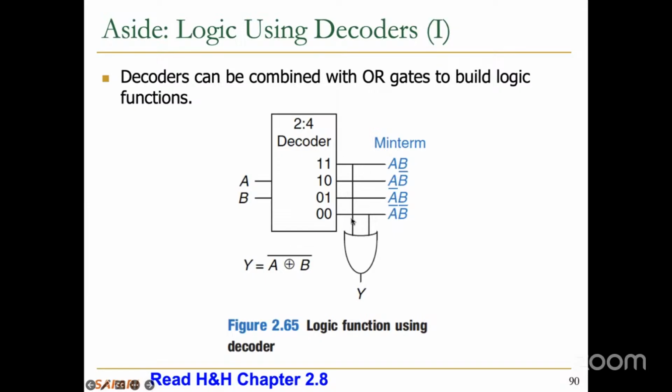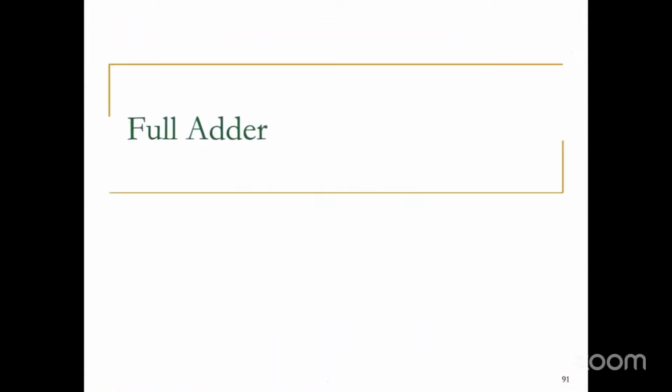If any of these minterms is true, this function is true. And the decoder gives you all the minterms, and you have the second level over here. So actually, we've seen this before. When we talked about SOP form, we talked about a decoder at a Boolean level, not at a hardware level. Okay.